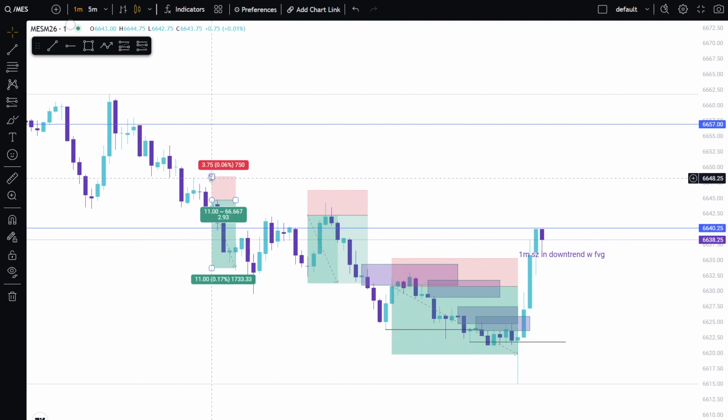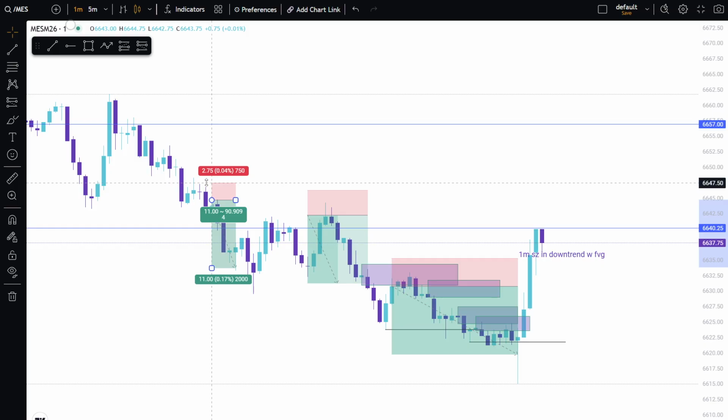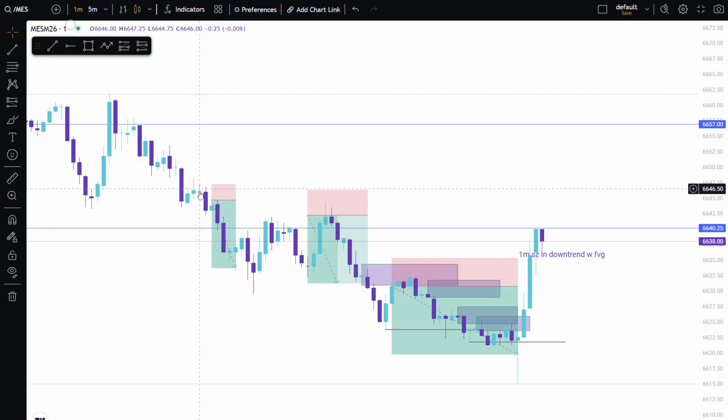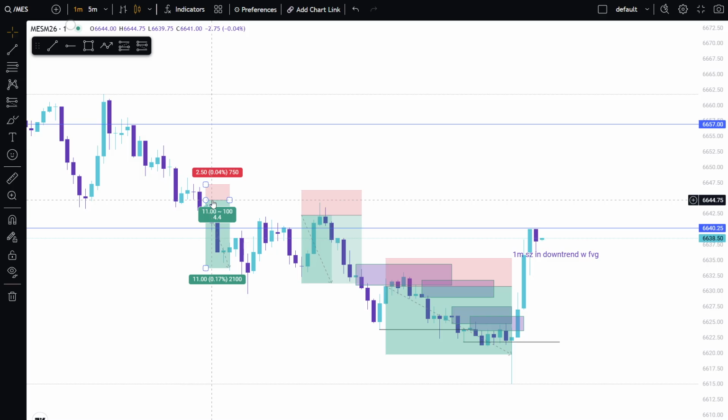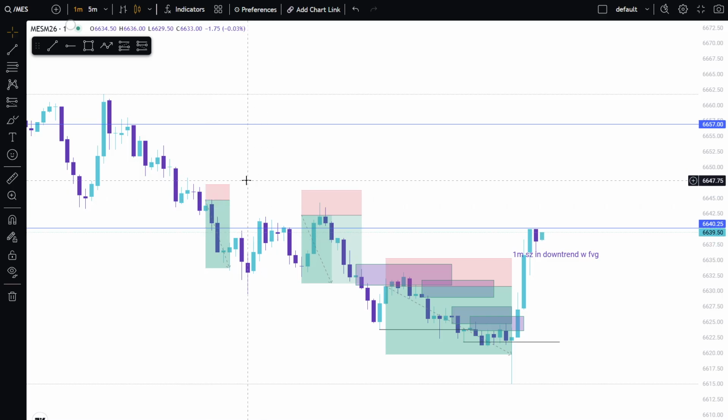So what you want to do is mark the doji, the indecision candle, and then see the impulse candle. At this point, price has created a gap, and you're expecting price to fill the gap. So you're utilizing fair value gaps as well.